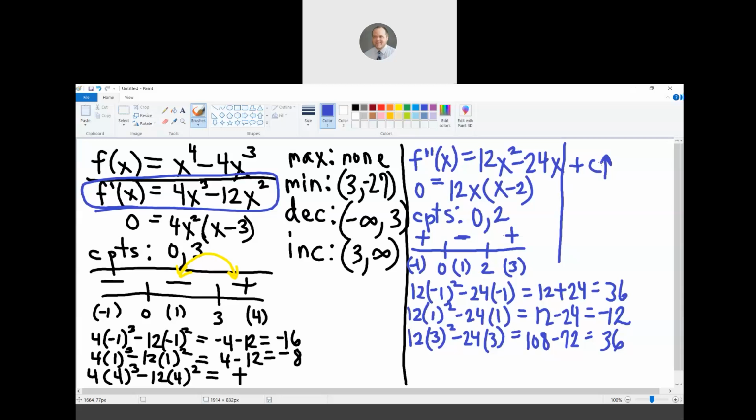And that happens from negative infinity to 0, and also from 2 to infinity. So that's the intervals where our graph is concave up. And remember, the negative sign for the second derivative indicates where your graph is concave down. And that only happens on the interval from 0 to 2.